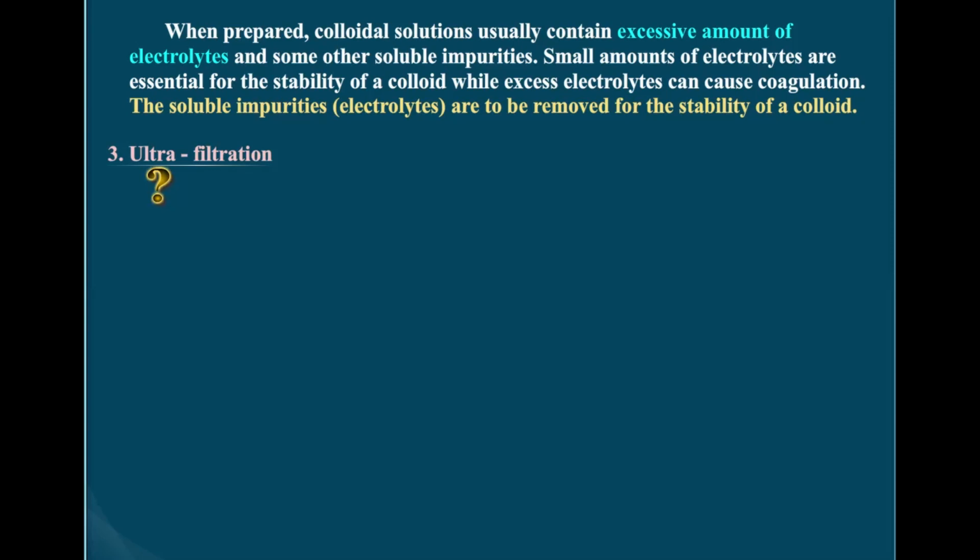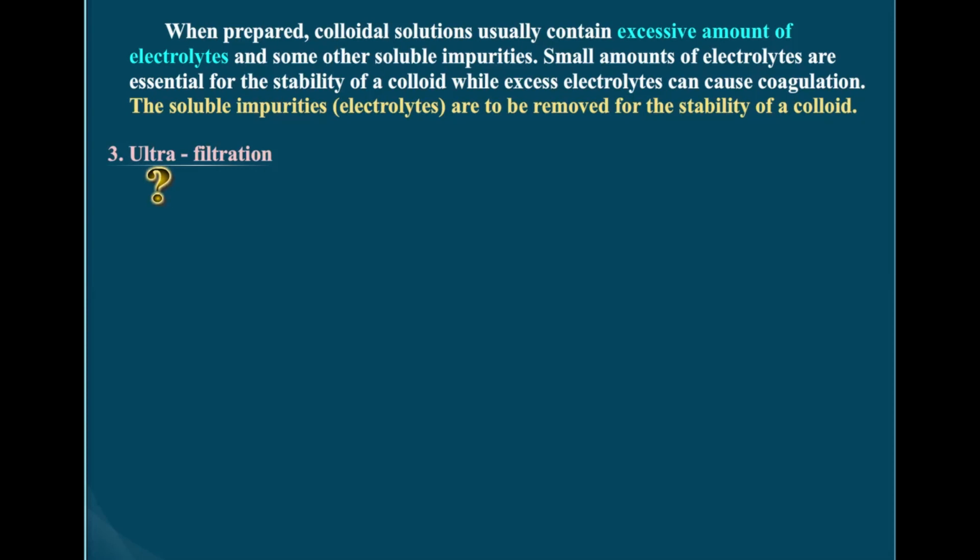Colloidal particles can pass easily through an ordinary filter paper because the pores are too large. However, the pores of the filter paper can be reduced. How? By dipping it in a solution called collodion to stop the flow of colloidal particles.